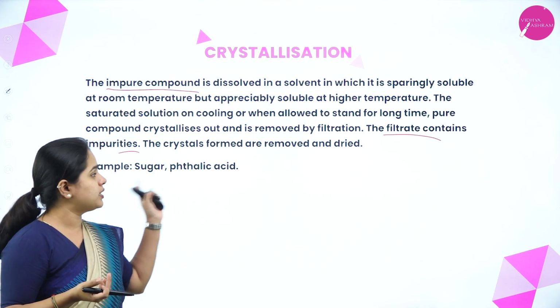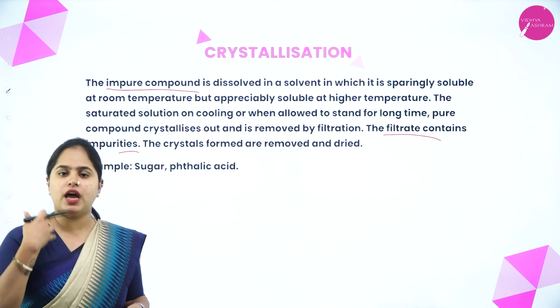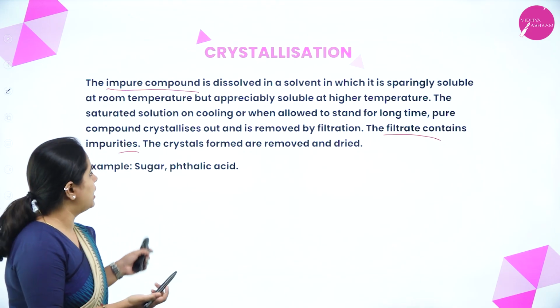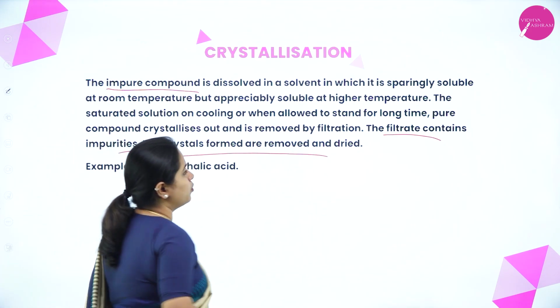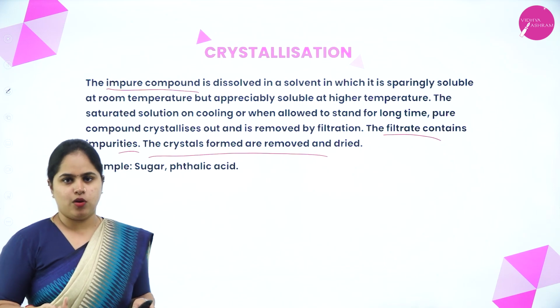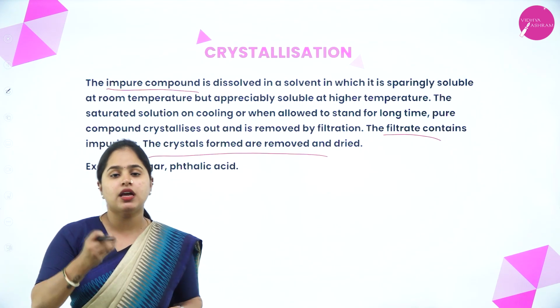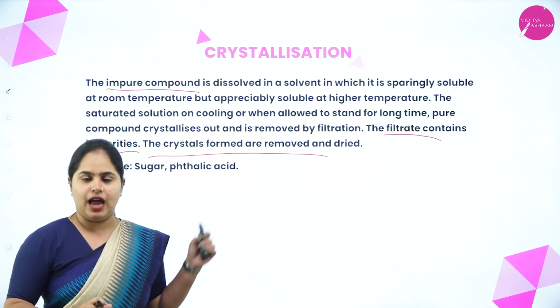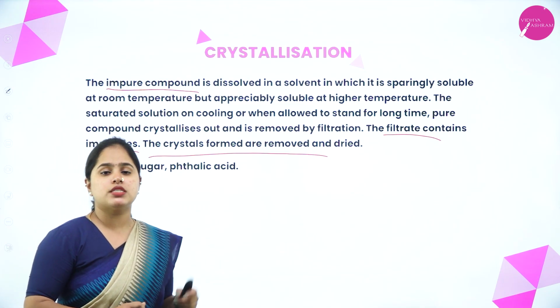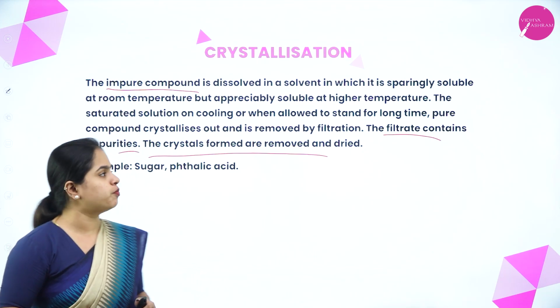Now the crystals that are formed are removed, and they are dried. When we keep it aside for some time, we will be able to see the crystals forming and then later it is dried and we obtain it. So this is called the crystallization method of purification.